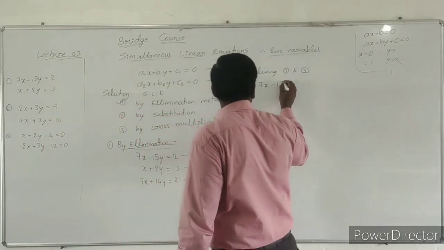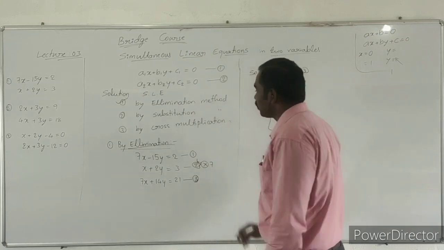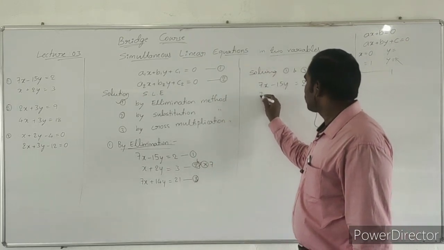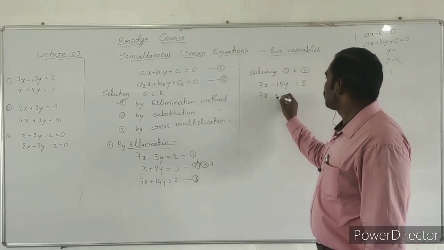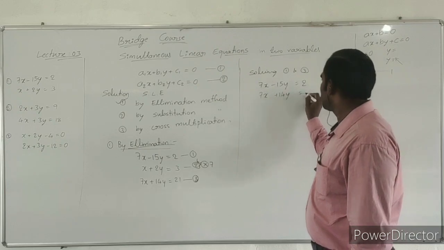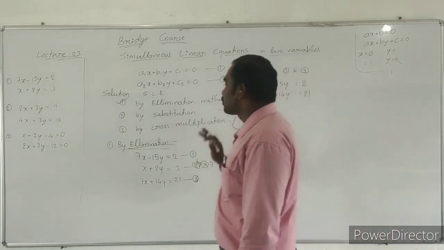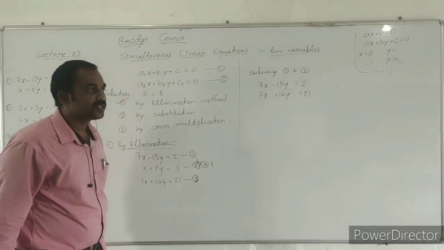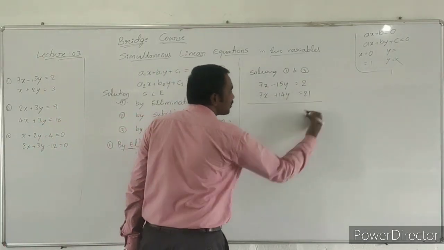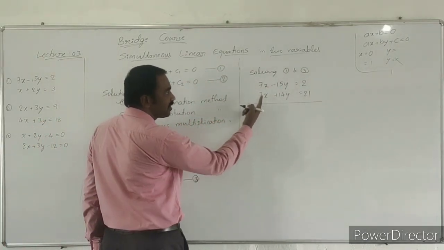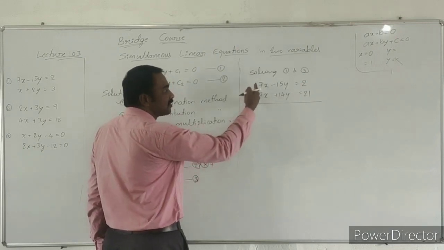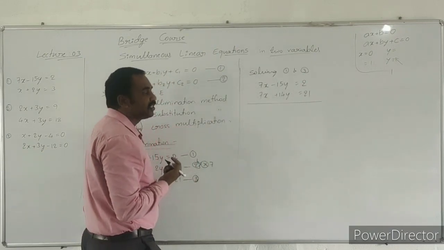I just rewrite equation number 1: 7x minus 15y is equal to 2, and the third equation: 7x plus 14y is equal to 21. Solving these two equations, I just subtract, because here plus 7x, here also plus 7x. This equation minus this equation.